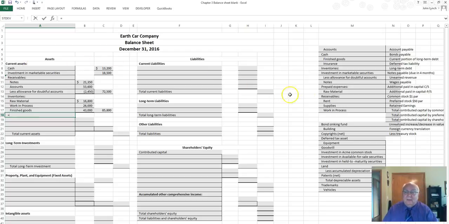Then we'll have prepaid expenses. And under prepaid expenses, we'll have insurance, that's prepaid insurance for some, we have supplies, and we have maybe rent.